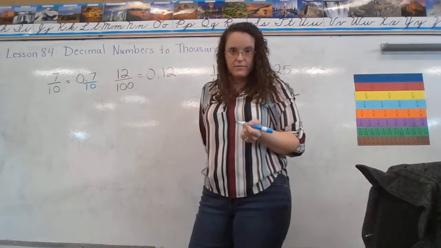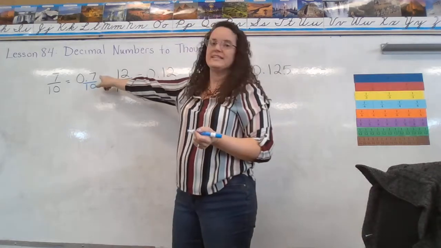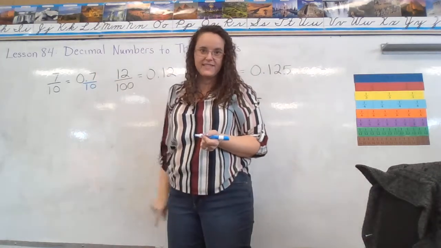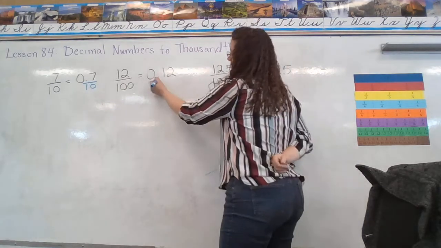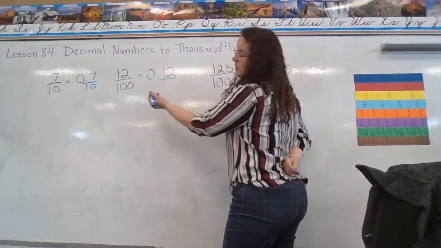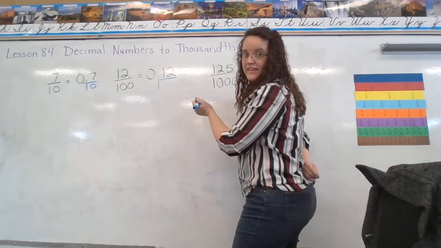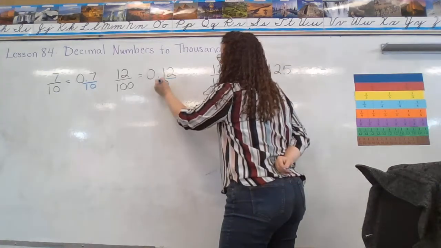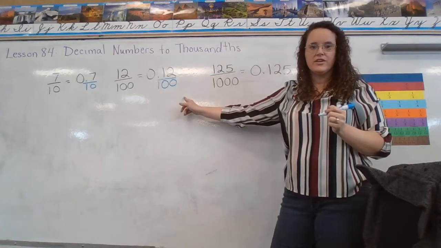I only had 1 place value, so I only have 1 zero, so I read this as 7/10. I'm going to do the same thing here. I put my fraction bar, I put a 1 under the decimal point, and then I fill in zeros. So here I have 12 hundredths.